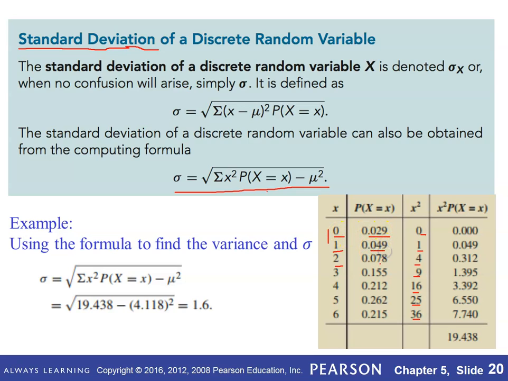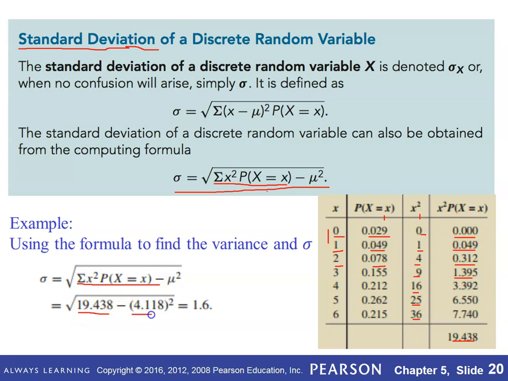So here are all of those probabilities. If we multiply each of these probabilities in this column by the x squared, we get these numbers here. This is x squared times the probability that x is at that number. And if we add all of those together, we get 19.438. That's what this whole part of the formula here is saying. So if we have the sum of x squared times the probability that x is at that number, and we add all those numbers together, that's 19.438.